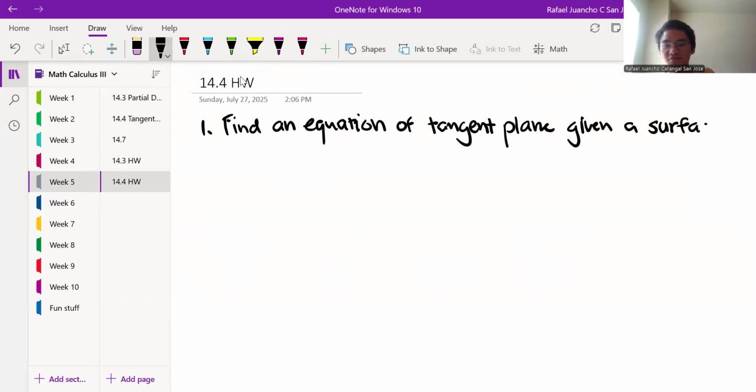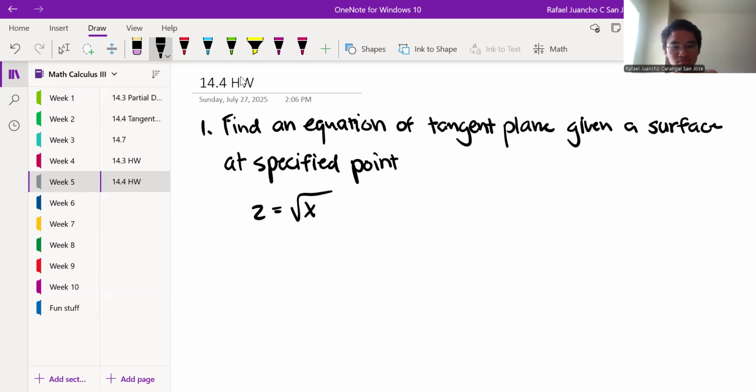So here we're just trying to do that repetition thing where we do it again and again until we figure out the pattern and until we're good with it at a specified point. So if we see this, we immediately take partial derivatives, take the formula, done. Right? That's the quickest way to do it. Here's the quadric surface. And then here's the point, 1, 1, 1.